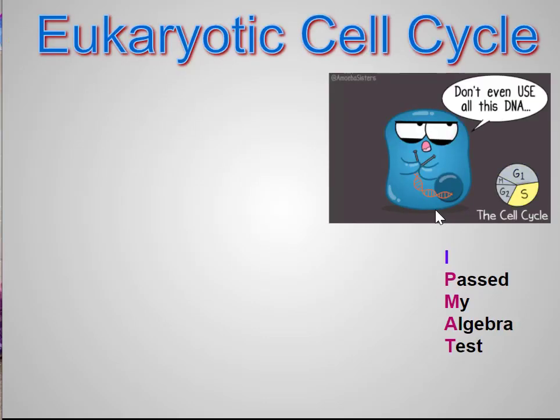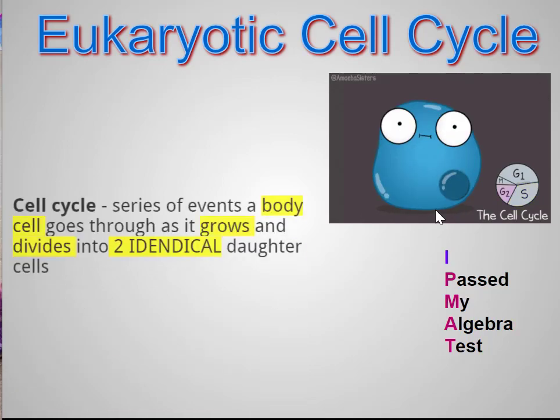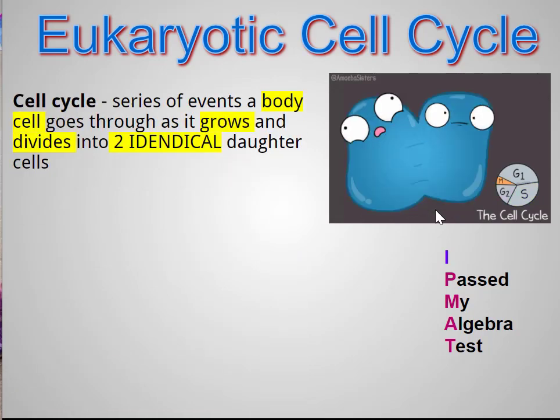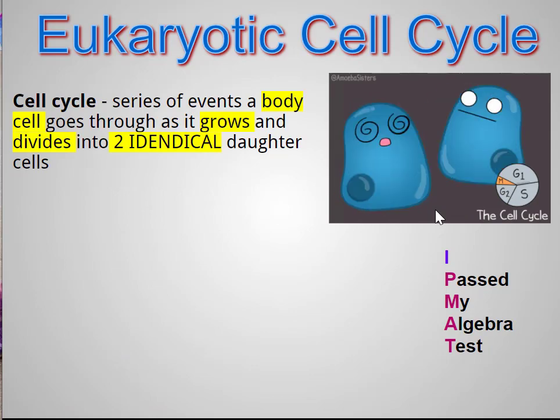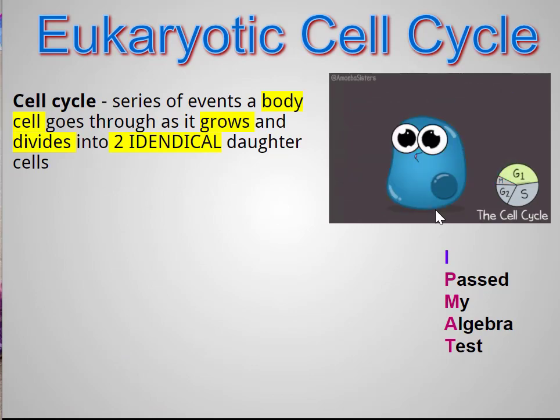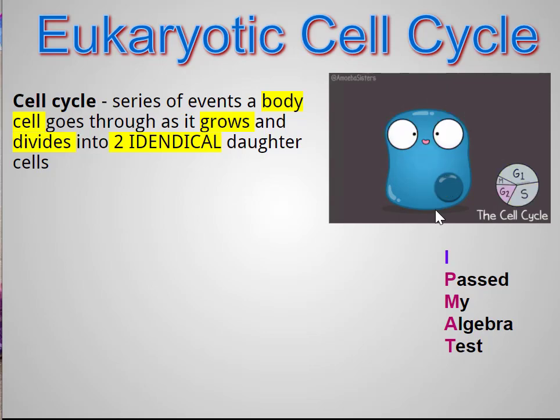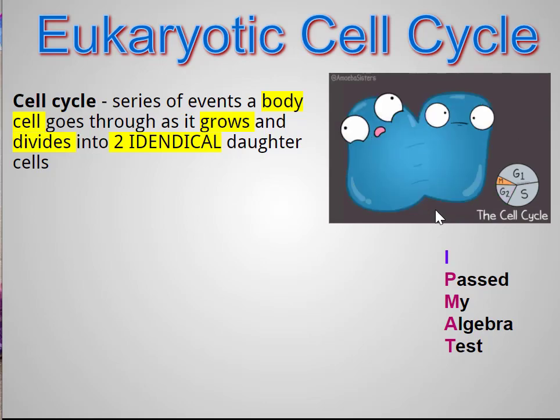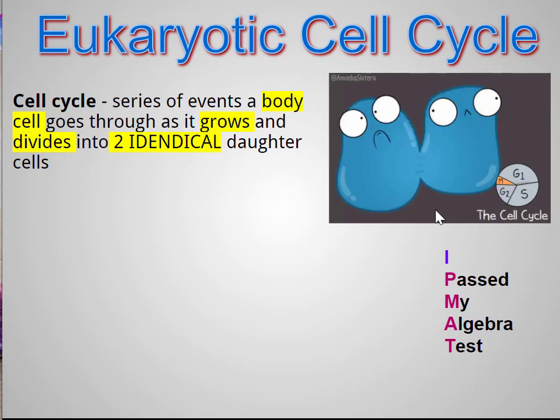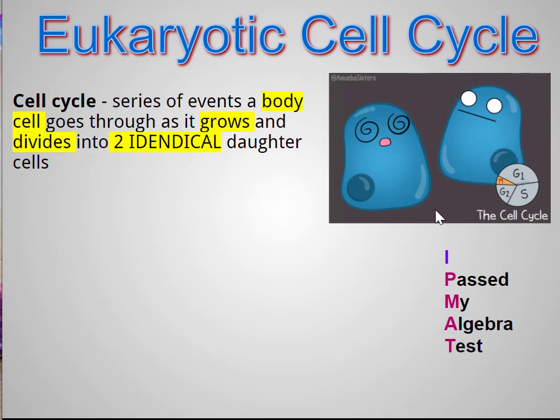So how do we go through this whole part of cell division? Well, it's called the cell cycle. And with the cell cycle, it's a bunch of different things happening. So our body cells, like our brain cells, our skin cells, our heart cells, our liver cells, every single cell in your body, with the exception of sperm cells and egg cells, those go through a different process.